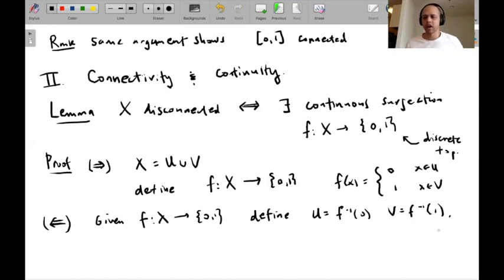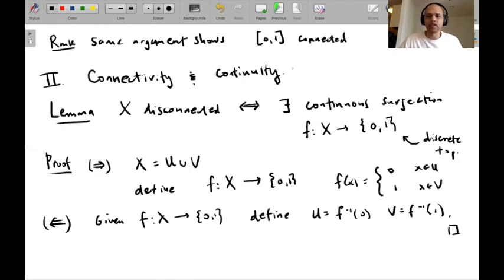So, okay, these are non-empty because the map is surjective. They're disjoint because, well, something can't map to both 0 and 1. And their union is everything, just trivially. Okay, so that's the lemma.